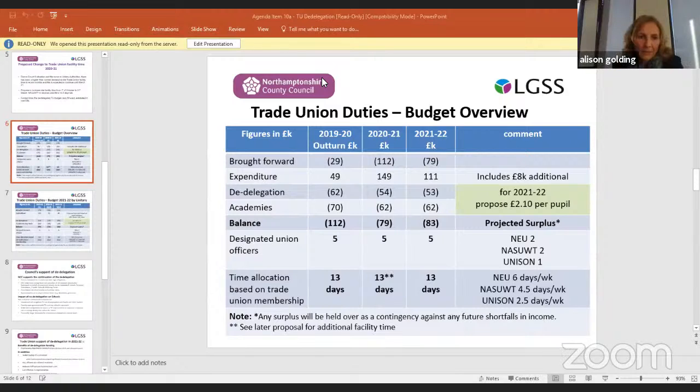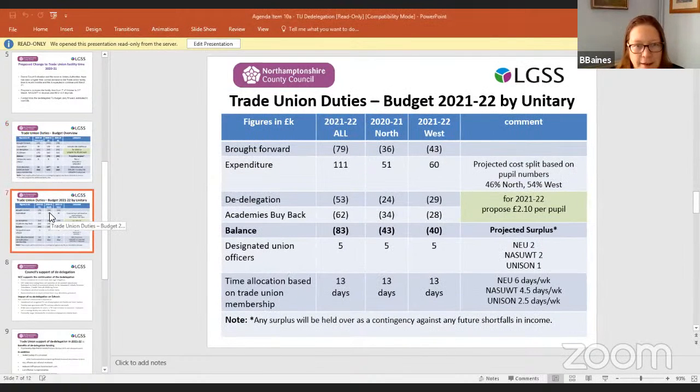Okay, thank you. And the next slide. I don't think the next slide's another financial one. And this is because the budget is based on a per pupil amount from the delegated budgets for maintained schools, we can quite easily split it based on the current pupil funding formula.